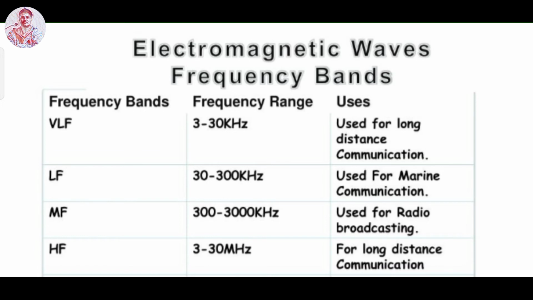Here we have a table of various frequency bands of electromagnetic waves. We have three columns. The first column represents the frequency band. The second column represents the frequency range. The third column represents the uses of electromagnetic frequency ranges. First is very low frequency, ranging from 3 to 30 kHz, used for long distance communication.